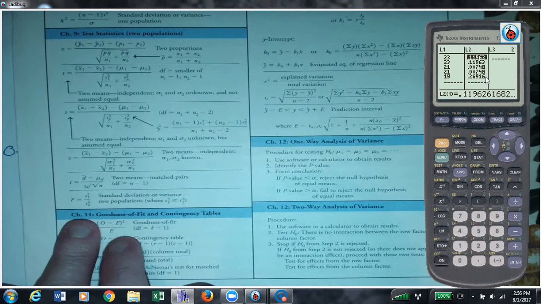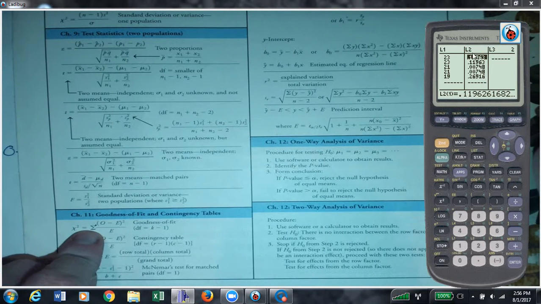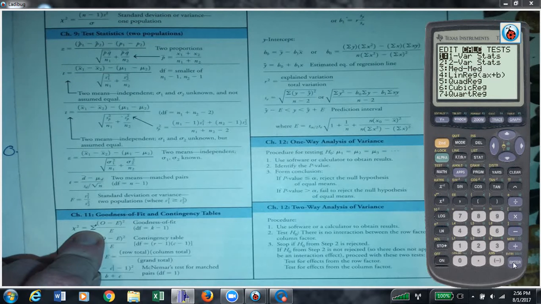So now I've got each of these separate ones, and my chi-squared test statistic will be all of them added up together. So I need to take list 2 and add everything up in it. So stat, and ask it to do that with list 2. Right here, the summation, because it's calling everything in list 2 an X value.